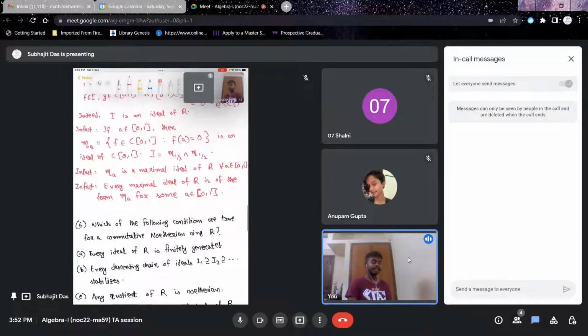So what basically happens is that if you take the collection of all maximal ideals of C[0,1], and the set [0,1], you have a mapping of [0,1] into the maximal ideals, right? Every a goes to m_a. And what we are basically seeing here is that this mapping is a bijection.